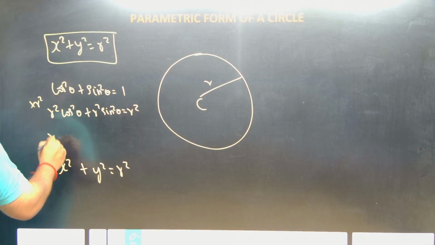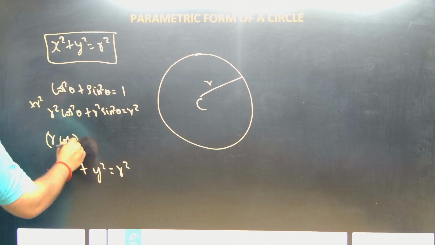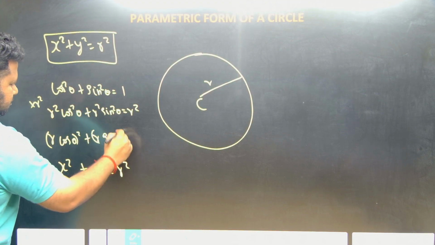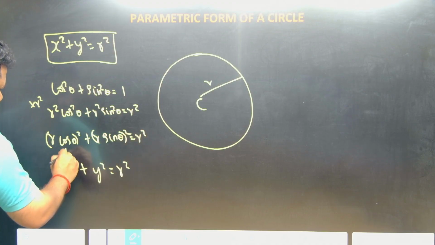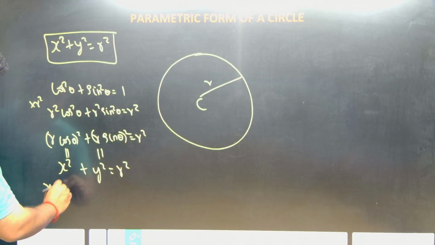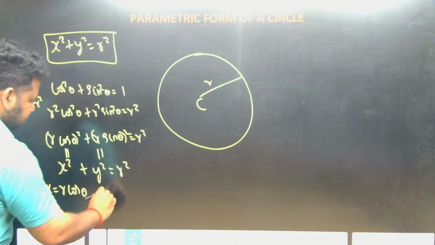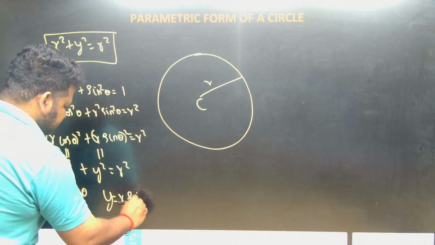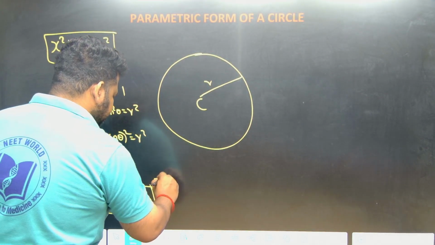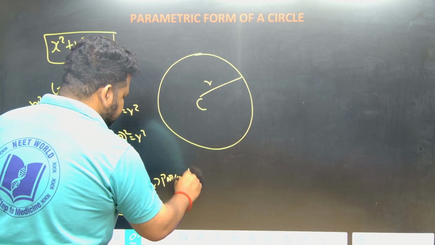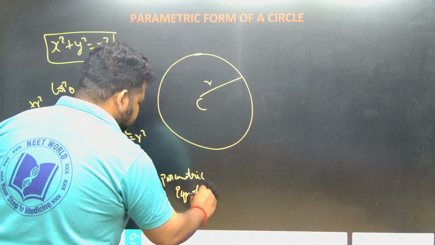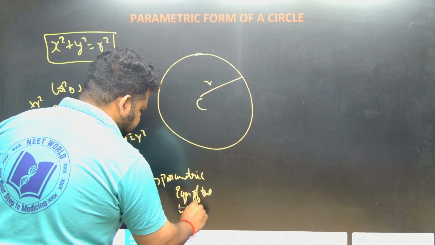So this will be r cos theta whole square plus r sin theta whole square is equal to r square. Equate this to this and this to this. So we will get x is equal to r cos theta, y is equal to r sin theta. This itself is the parametric equation of the circle.